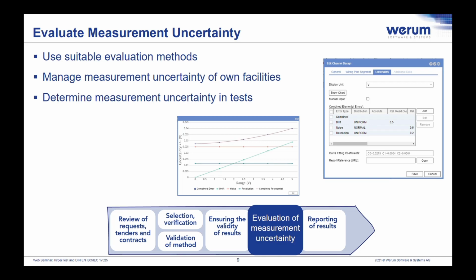If you want to determine the measurement uncertainty in a test, HyperTest can carry out the necessary calculations. The result of this calculation is assigned to the test and later on transferred to the report. Also, the different effects of the measurement uncertainty can be defined and configured in HyperTest.